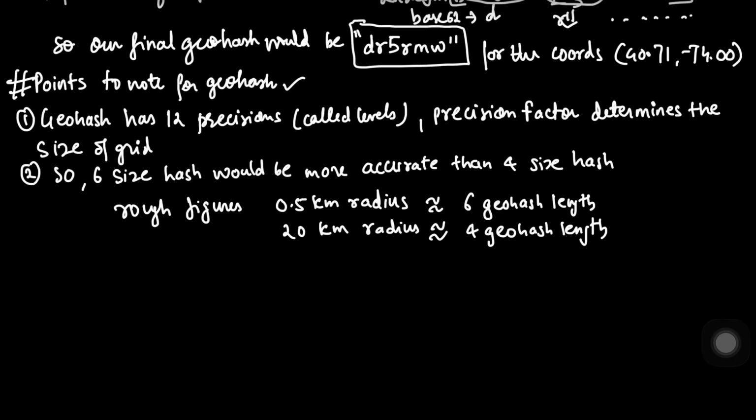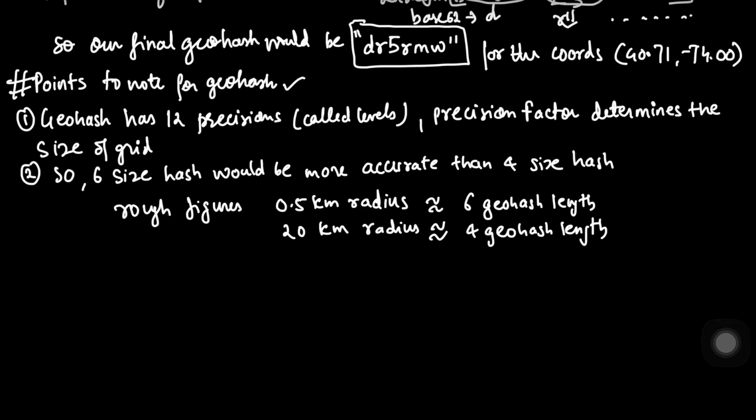Just 2 points to note about geohash is that it has 12 precision levels. The precision factor determines the size of the grid. So if we have, let's say, a 6 sized hash, it would be more accurate than a 4 sized hash. Speaking in rough figures, a 0.5 kilometer radius is roughly equal to a 6 geohash length, and a 20-kilometer radius would be a 4 geohash length.